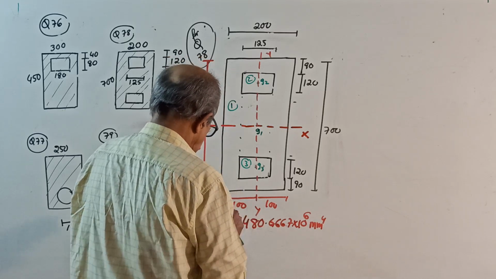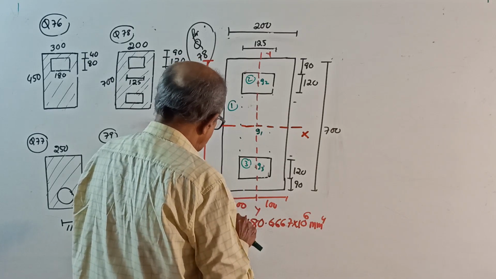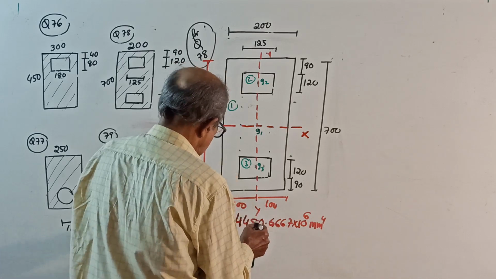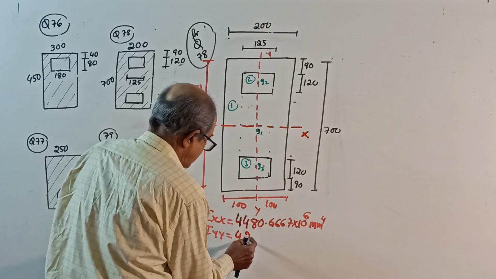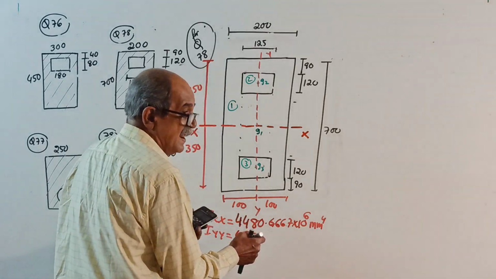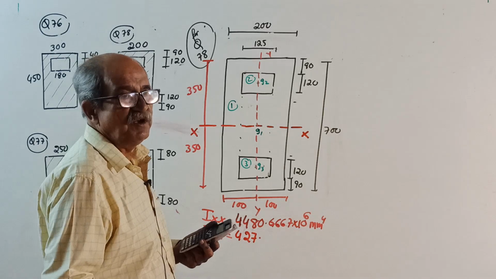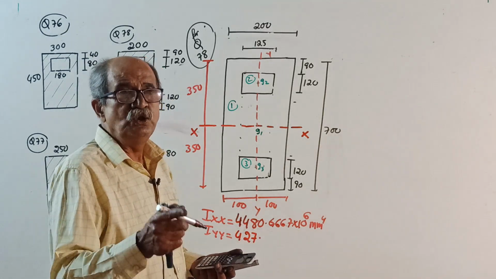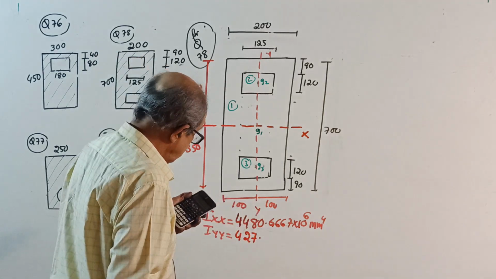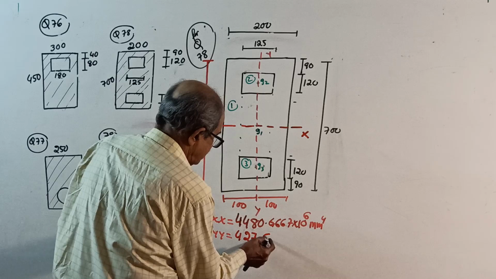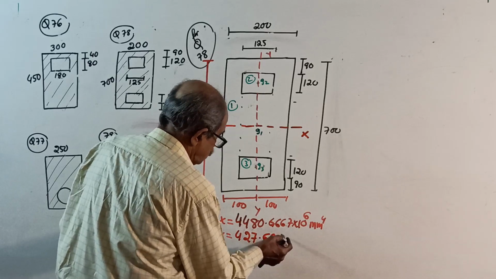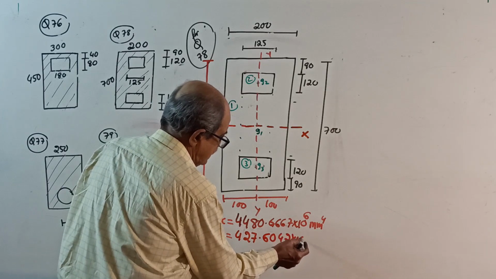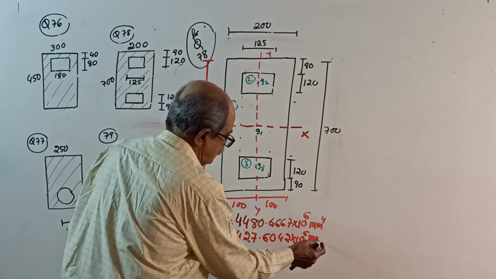By chance, if any answer is wrong, you let me know in the comment section. You write comments there. I will give the correction. I will put a comment there saying, yes, that calculation is wrong, the correct answer is so and so. Or I will tell, no, you are wrong, check once again. 427.6042, .41667, 42 is sufficient, 10 to the power 6 millimeter power 4.